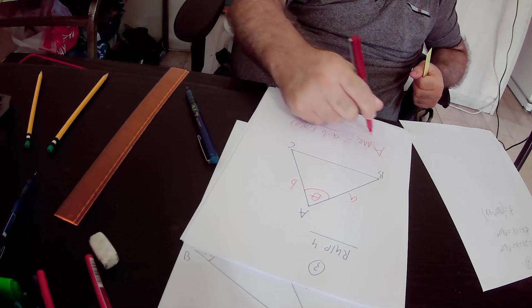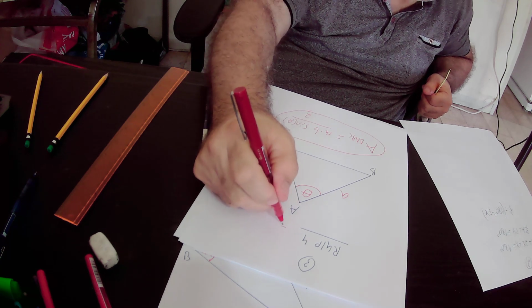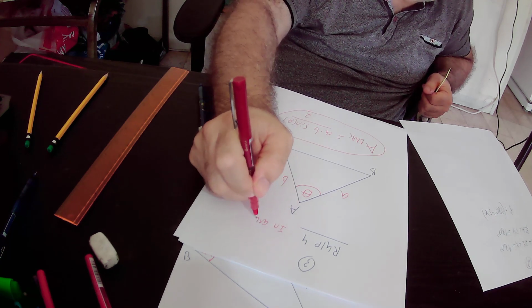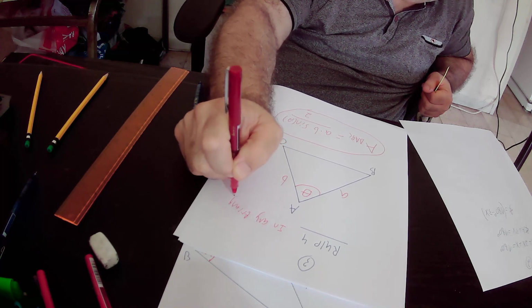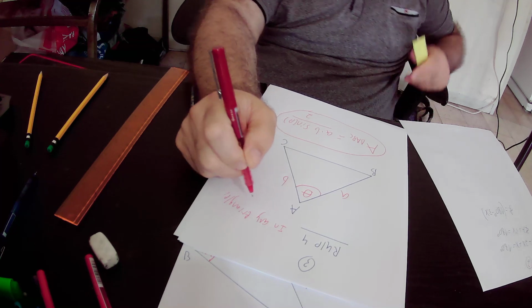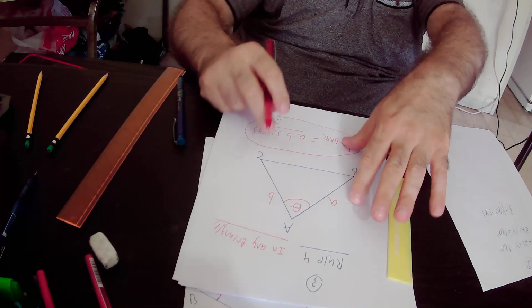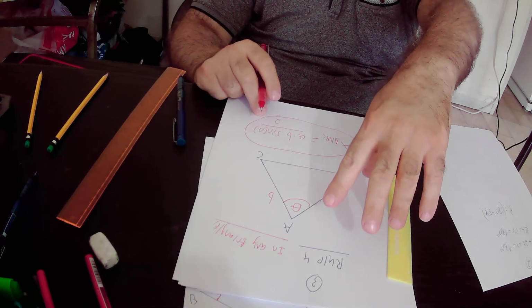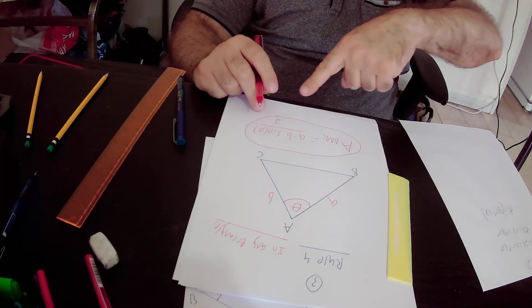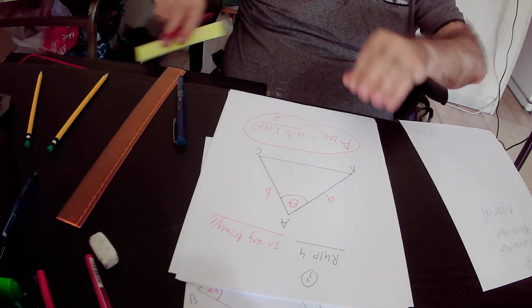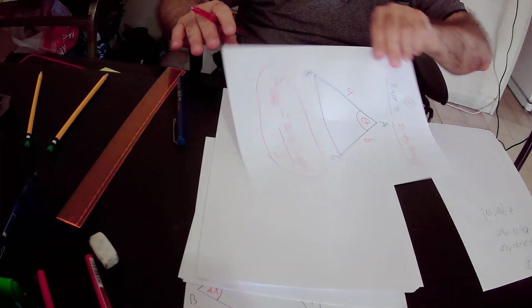Again, it is true in any triangle. In any triangle, the area of the triangle equals the multiplication of side AB by AC, or A times B times sine theta over 2. Again, this formula is true for any triangle.